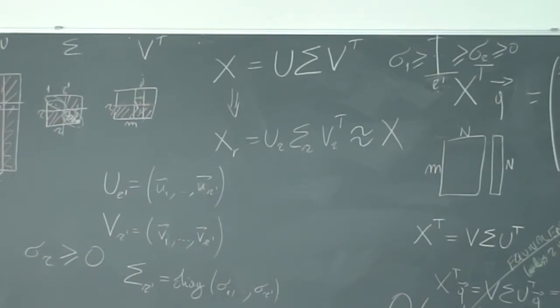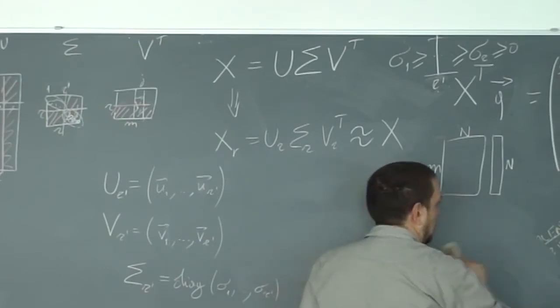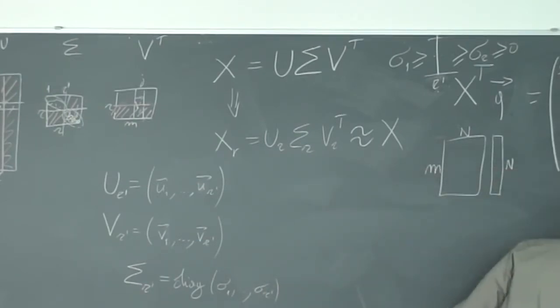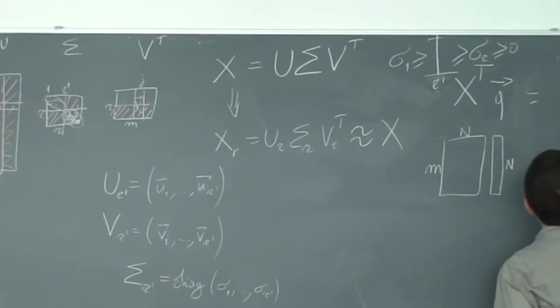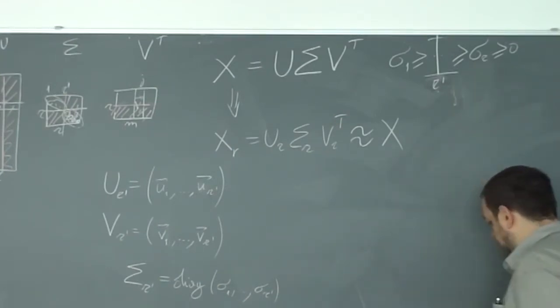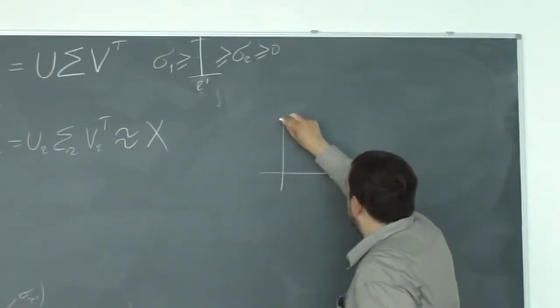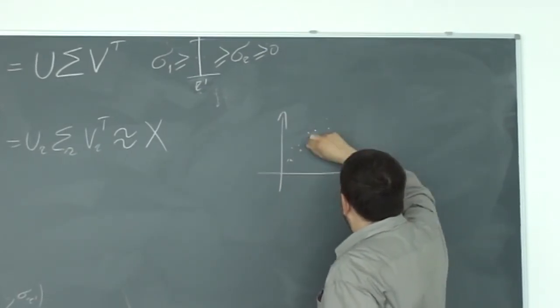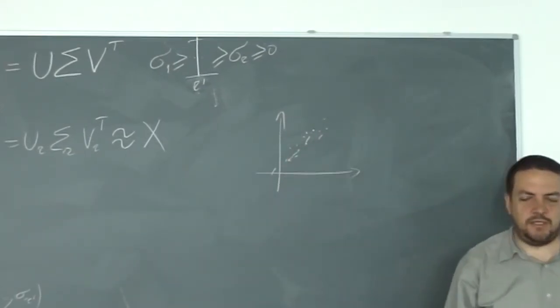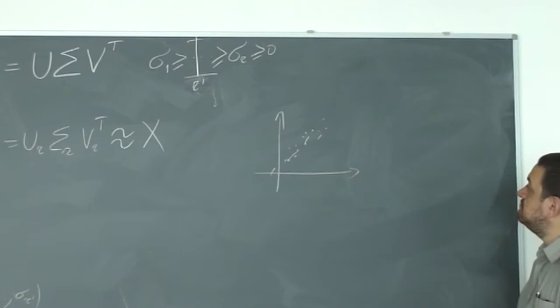To give you a simple example, the idea is that you have, as usual, a document-term matrix.